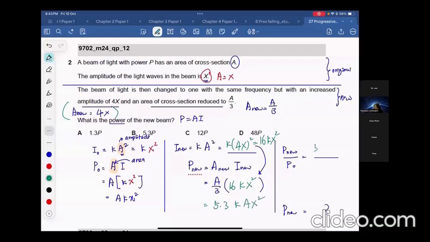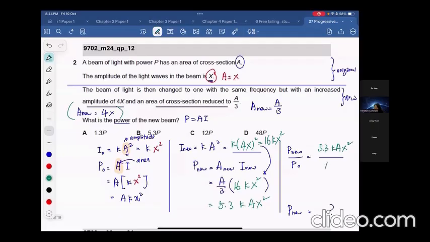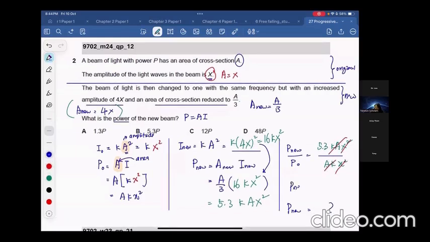So I put here 5.3 Kx squared. The initial is AKx squared, so we can cancel. So what do I get? P new is 5.3 P initially. Initially is power P, so P0 is actually P. 5.3 P. Answer is B.